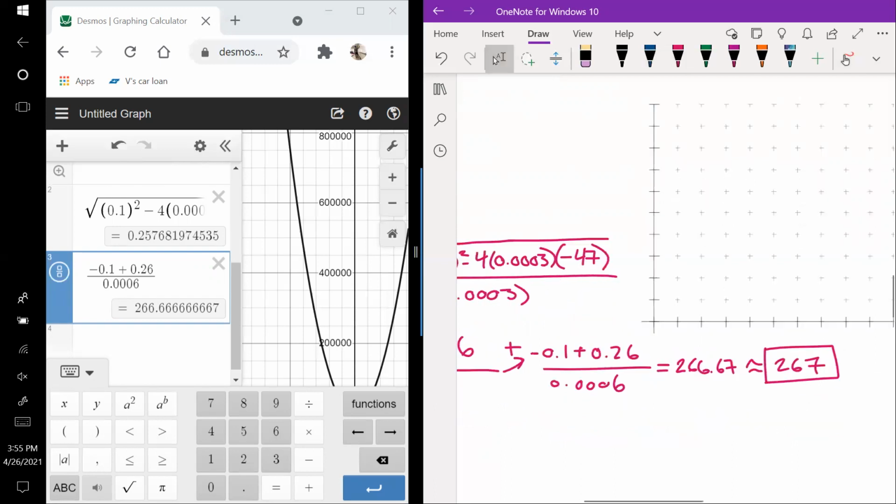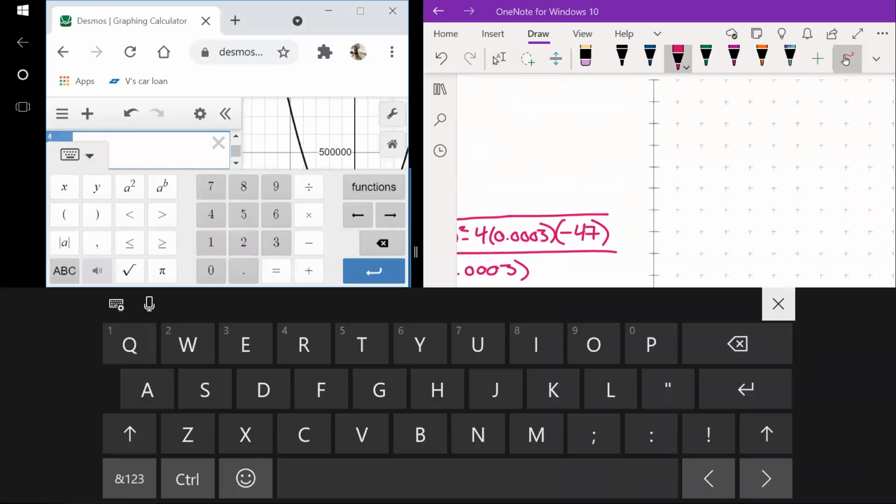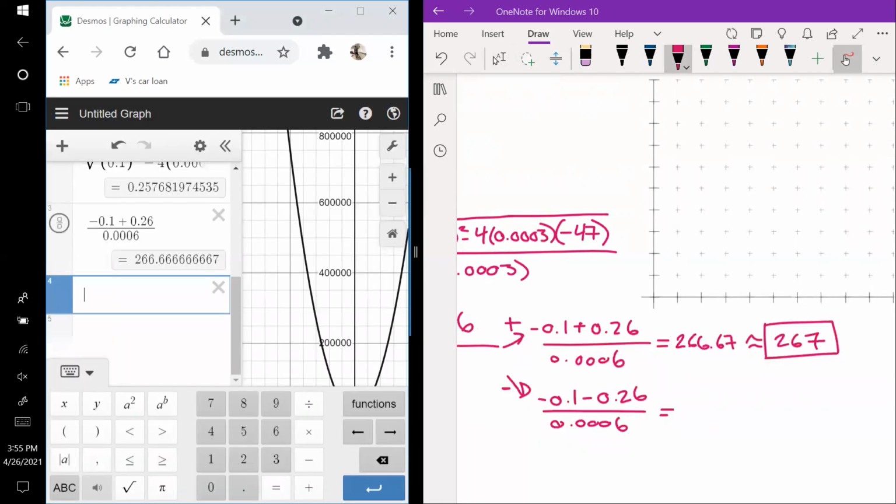Okay, and then we'll go the minus route. We'll have -0.1 minus 0.26 over 0.0006. I don't know why that keyboard keeps popping up. I'll fix it later. Let me actually make this a fraction first.